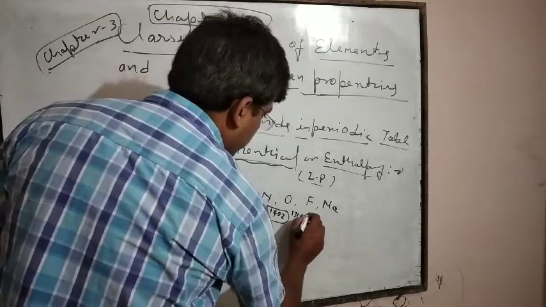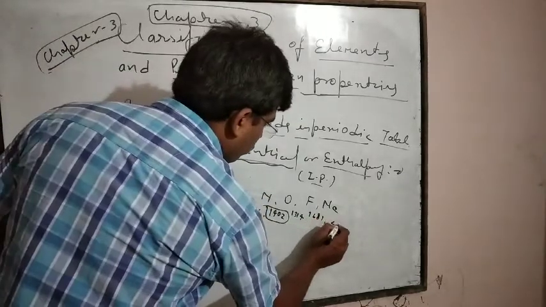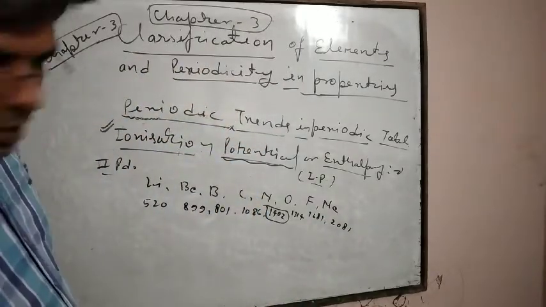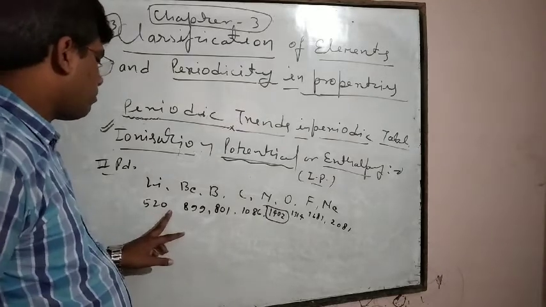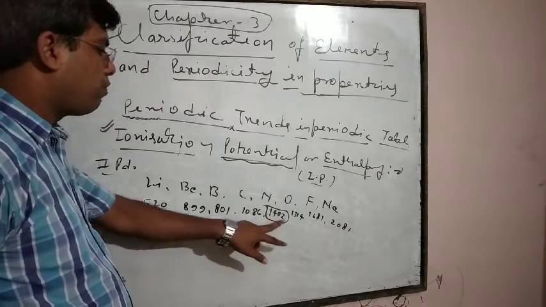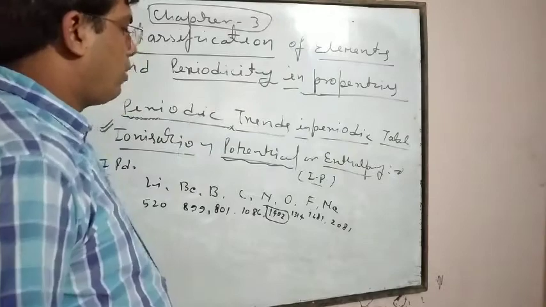For fluorine 1681. And for neon 2081. This one is the value of IP: 520, 899, 801, 1086, 1402, 1314, 1681, and 2081.